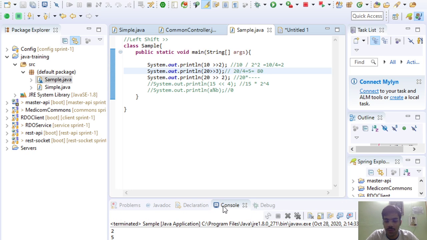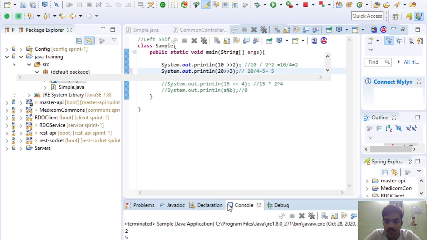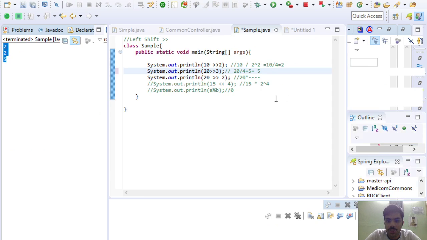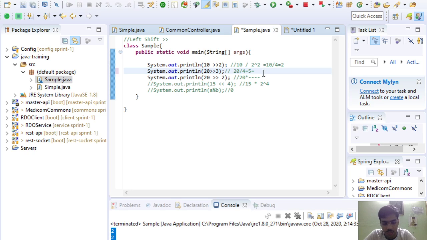Okay, it is not 5. Let me run this program. Here we got the output: this one is 2 and the next one is 5.